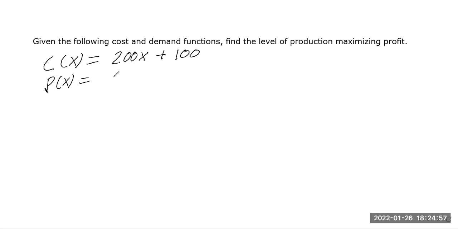And let's suppose that our, sorry, not profit, but our cost function is something like an initial cost minus, say, just a little bit of money as we ramp up production.